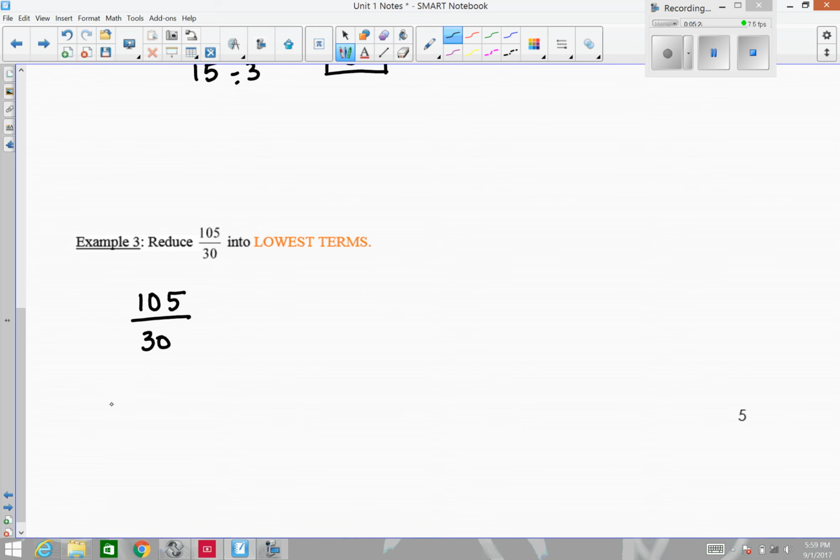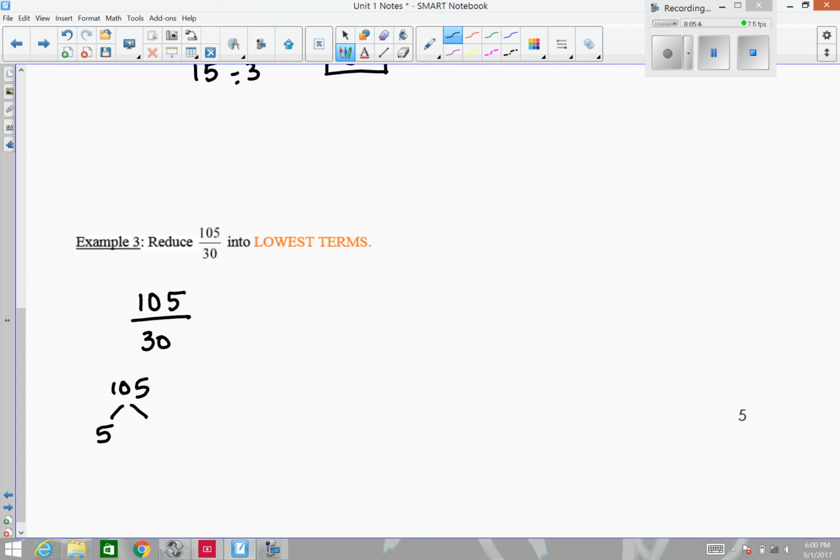I'm going to take my 105 and see if I can break that down. Now I know that any number that ends with 0 or 5 has to be divisible by 5. So I know 5 multiplied by something will give me 105.